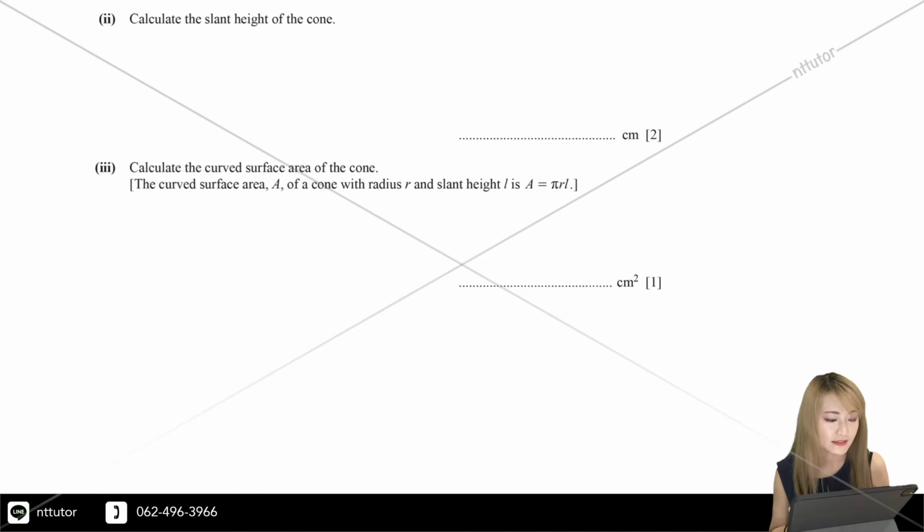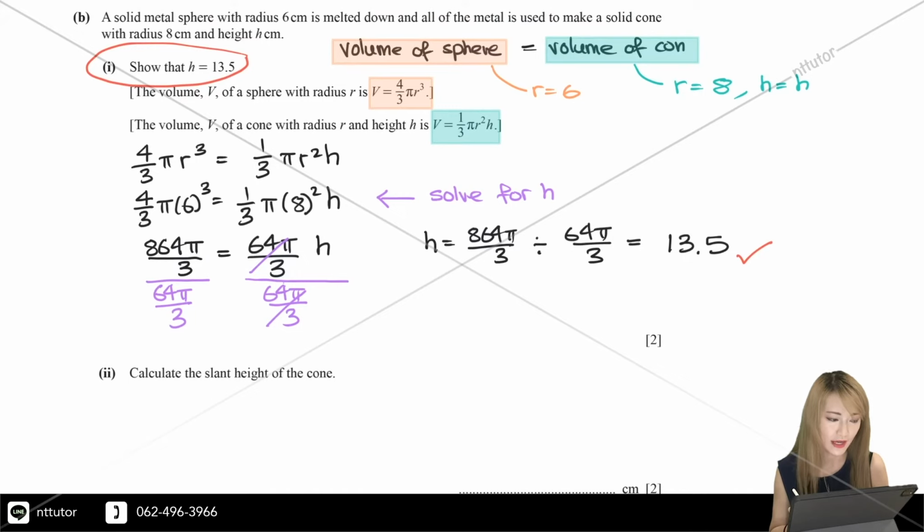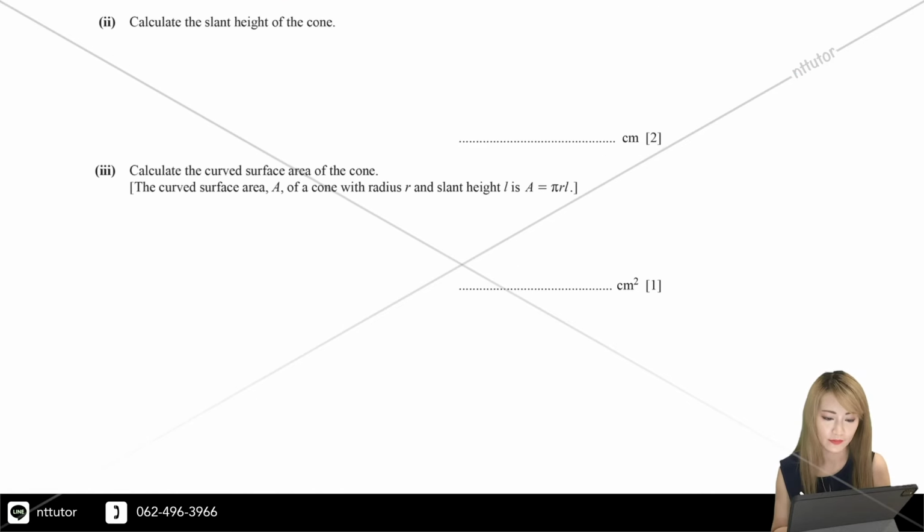2. Calculate the slant height of the cone. So we know that the cone has a radius of 8 centimeters and a height of 13.5. R equals 8 and H equals 13.5.